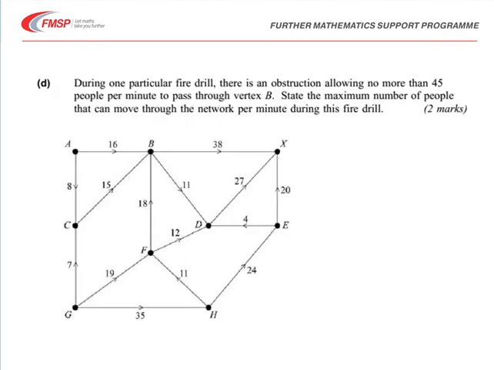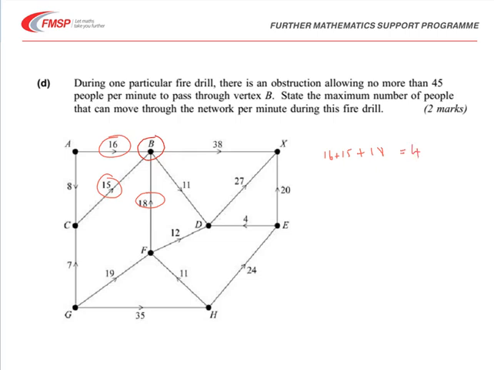The final part of the question says that we have an obstruction, and the obstruction is taking place at vertex B. Well, we can see that at the moment going into B there's a total of 16 plus 15 plus 18, these ones here, the 16, the 15 and the 18, giving us a total of 49.